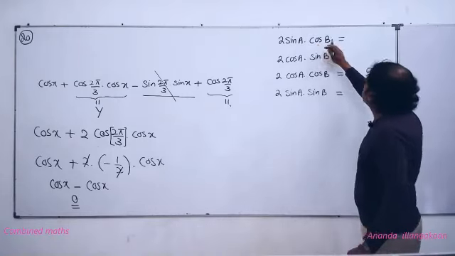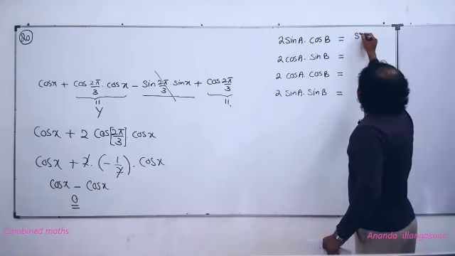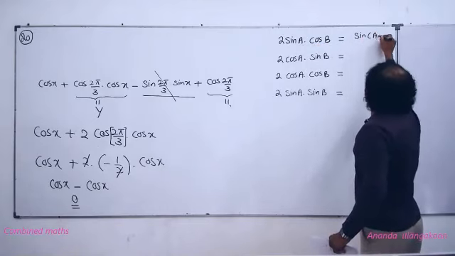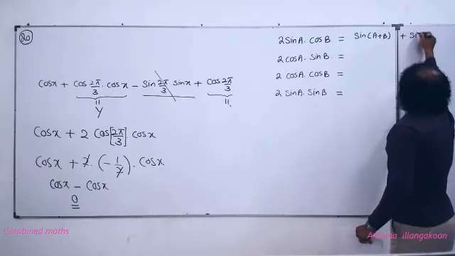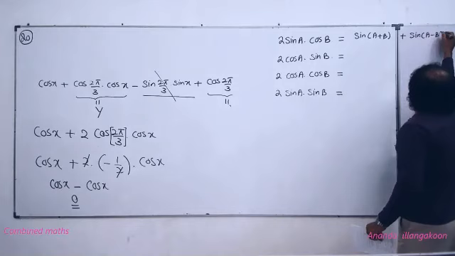People can remember this right hand side. 2 sin A cos B. What is that? Sin(A + B) plus sin(A − B).